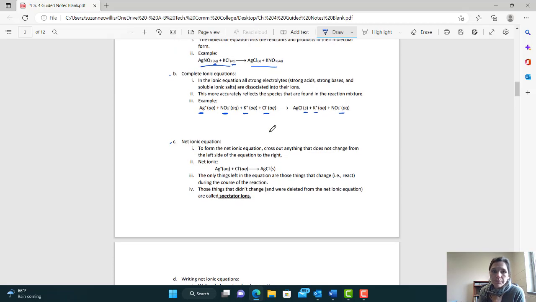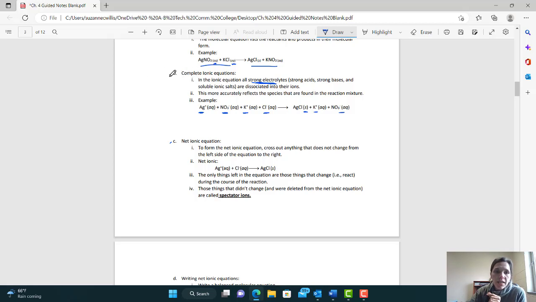whether it's together. Here what you're going to do is break apart all strong electrolytes when you're writing one of these. But what you're going to keep together is any solids, liquids, gases, and weak acids and bases.